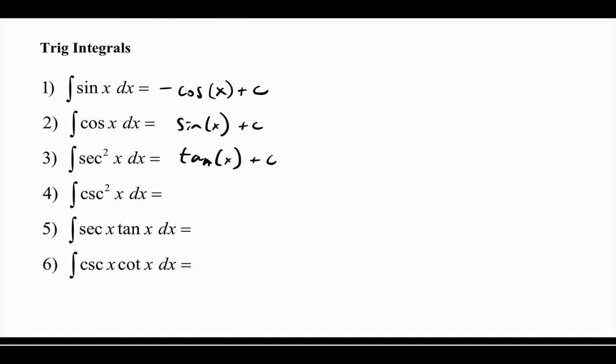So that means we got to give cotangent a negative, because the derivative of regular cotangent is negative cosecant squared. Secant x, tangent x. That's the derivative of secant, right? Or the antiderivative of secant plus c.